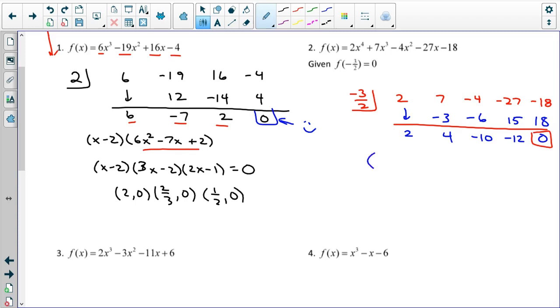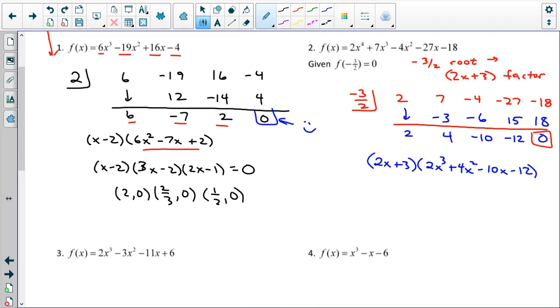So then this is wrong. I'm warning you right now, this is wrong. The temptation is to write 2x plus 3 times 2x to the third plus 4x squared minus 10x minus 12. It's a temptation because I know that if negative 3 halves is a root, that means that I typically write this as 2x plus 3 as my factor.